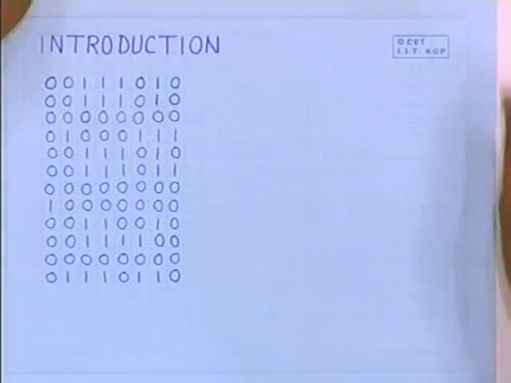So, each word in machine language is known as an instruction, and the set of instructions which a microprocessor understands is known as the instruction set, which is the vocabulary of that microprocessor. That vocabulary will be a little different from one processor to another processor, but very similar.